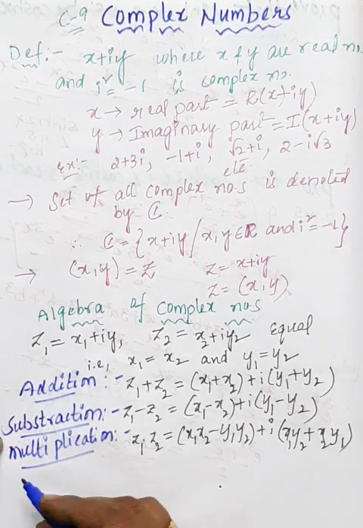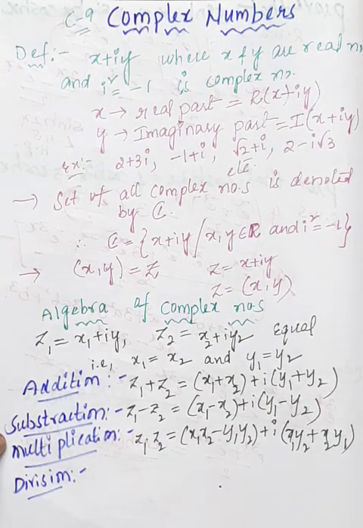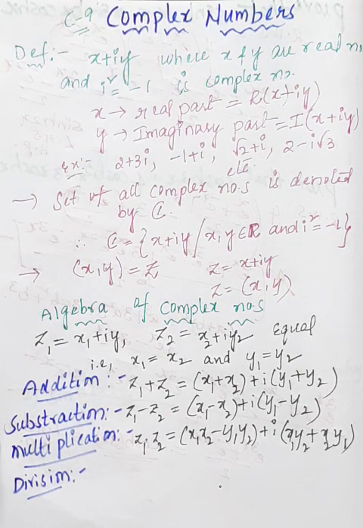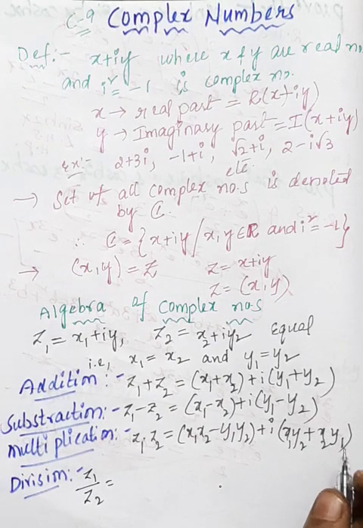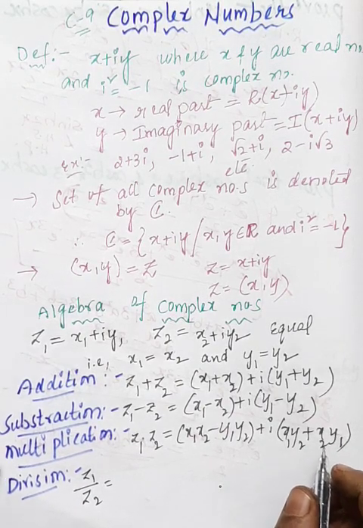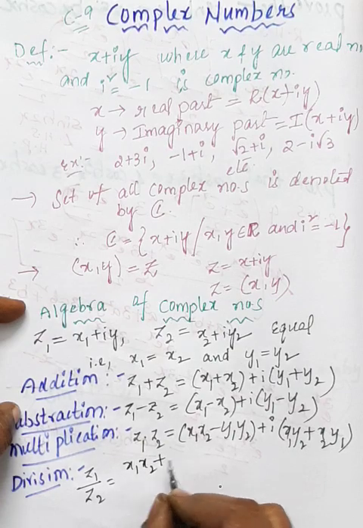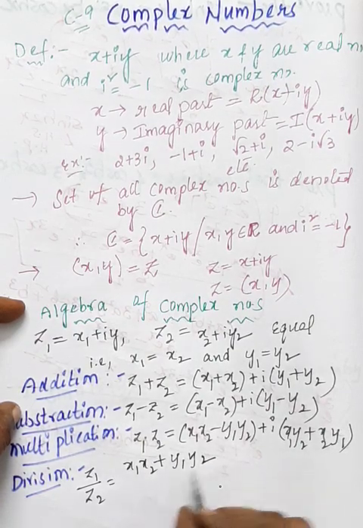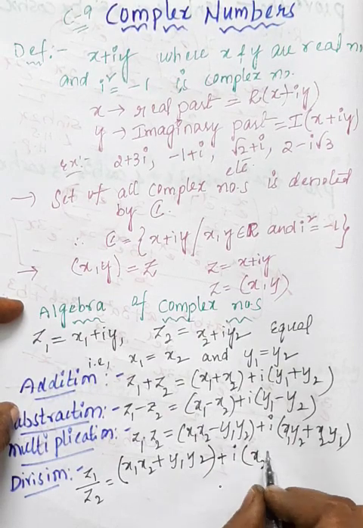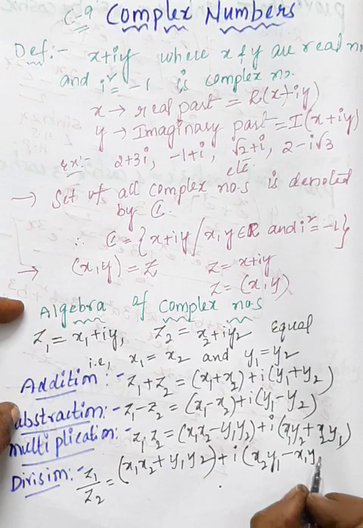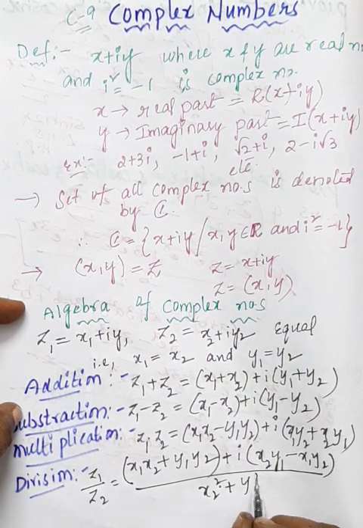Now, division. So, the division of two complex numbers is given by z1 divided by z2 is equal to x1 x2 plus y1 y2 plus i into x2 y1 minus x1 y2 by x2 square plus y2 square.